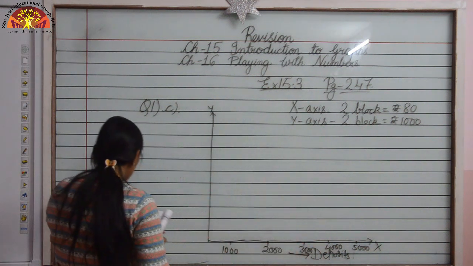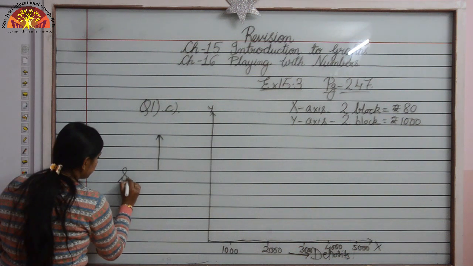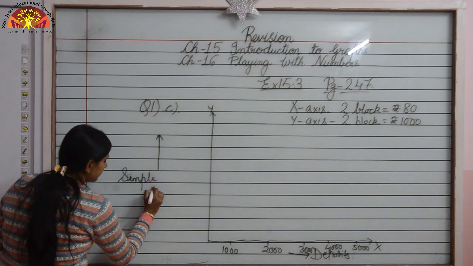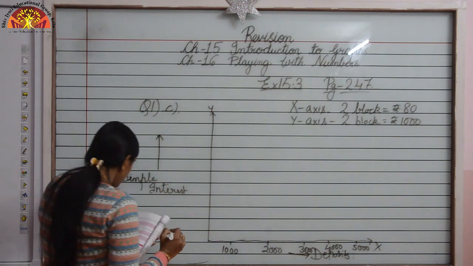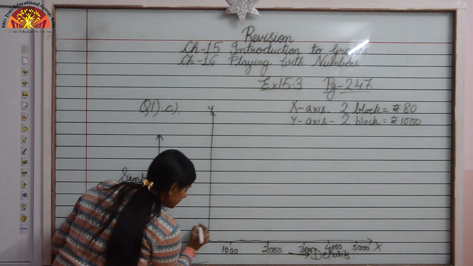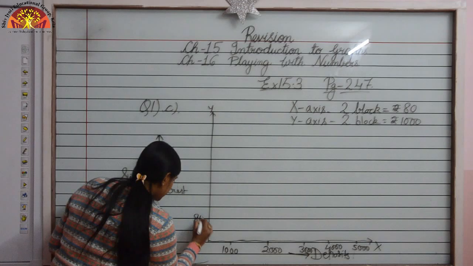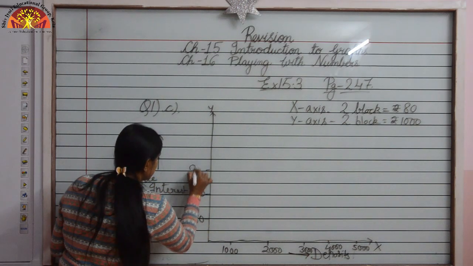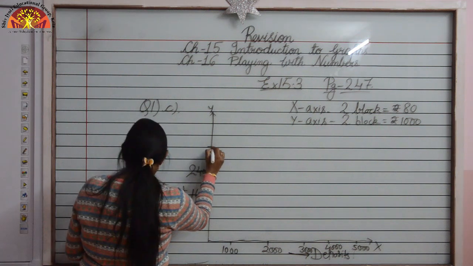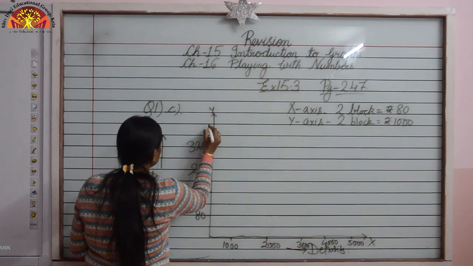And on the y-axis we are taking the simple interest. So it is 80, 160, 240, 320 and 400.